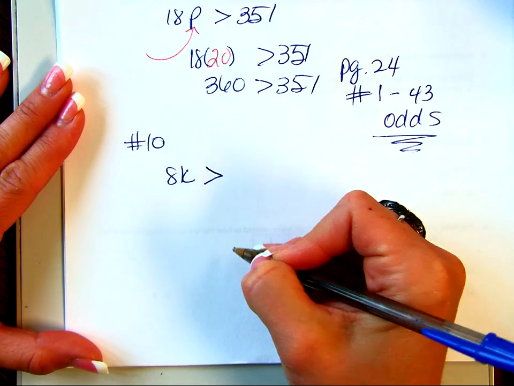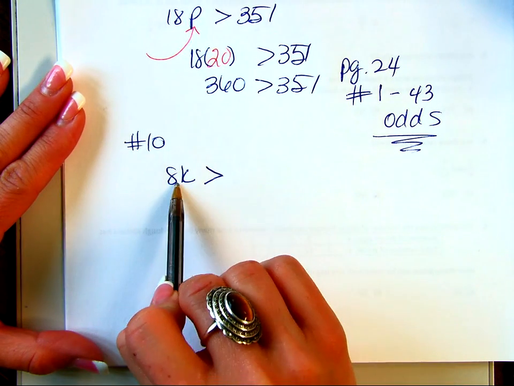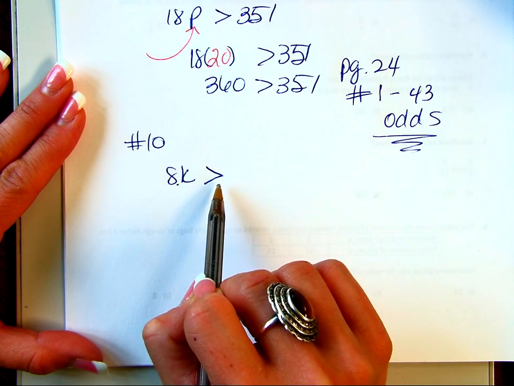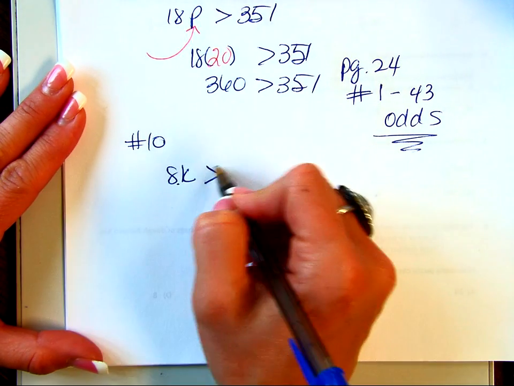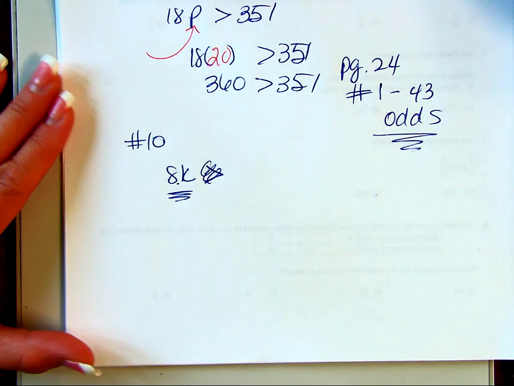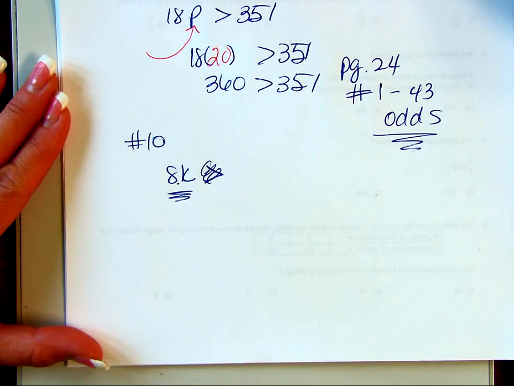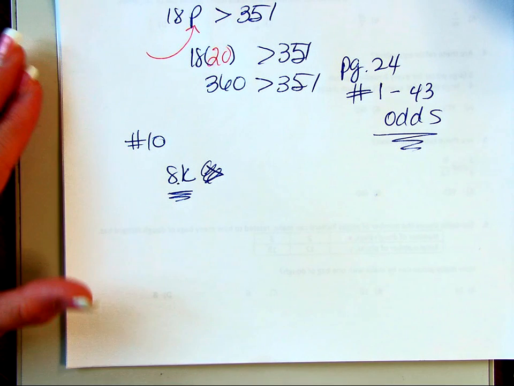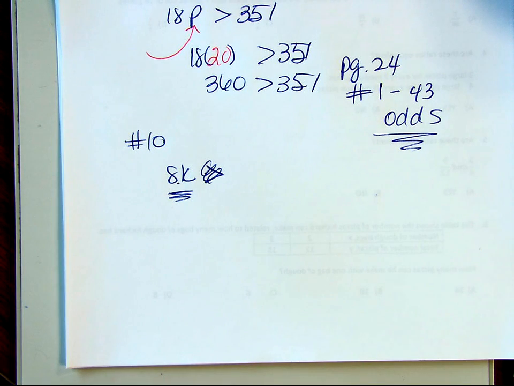We'll talk about this one here. It says the product of 8 and k is greater than 4 but no more than 16, which means we're going to have 8k in the middle with 2 symbols on either side of it. Remember how I said you can't have that? That's if you're solving an equation. But take a look at number 9 real quick, and we'll go from there.